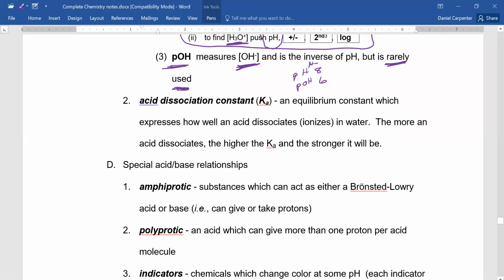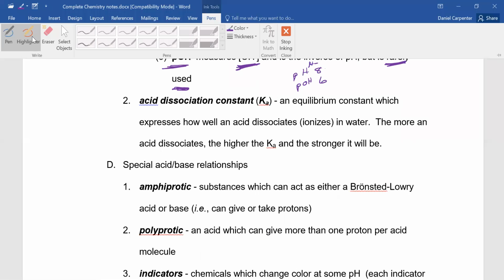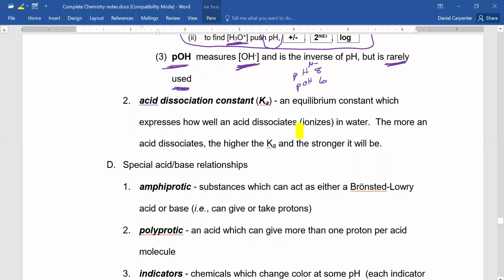All right, notice this. This is one of these things that I just kind of mention. It's pretty simple, and then people forget about it because I just mention it and move on. Acid dissociation constant. It's an equilibrium constant which expresses how well an acid dissociates or ionizes in water. Now, you say, big whoop, so what?